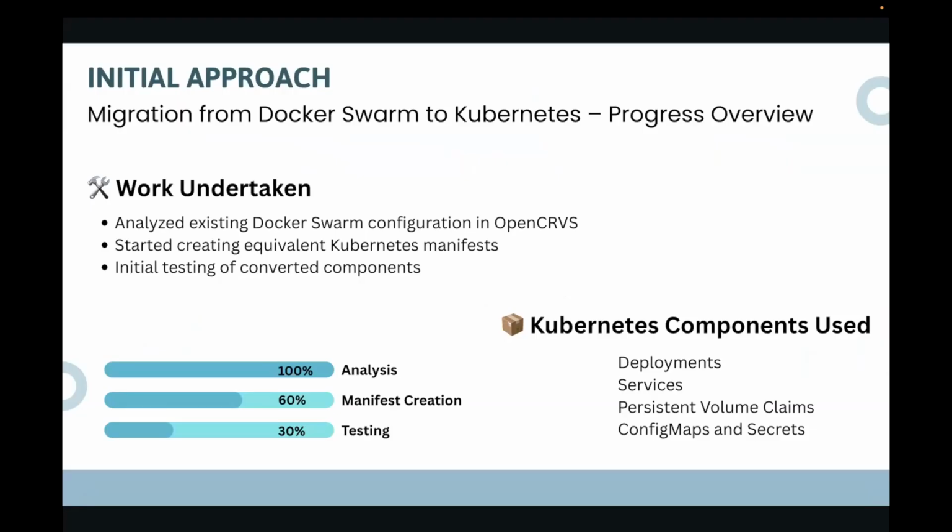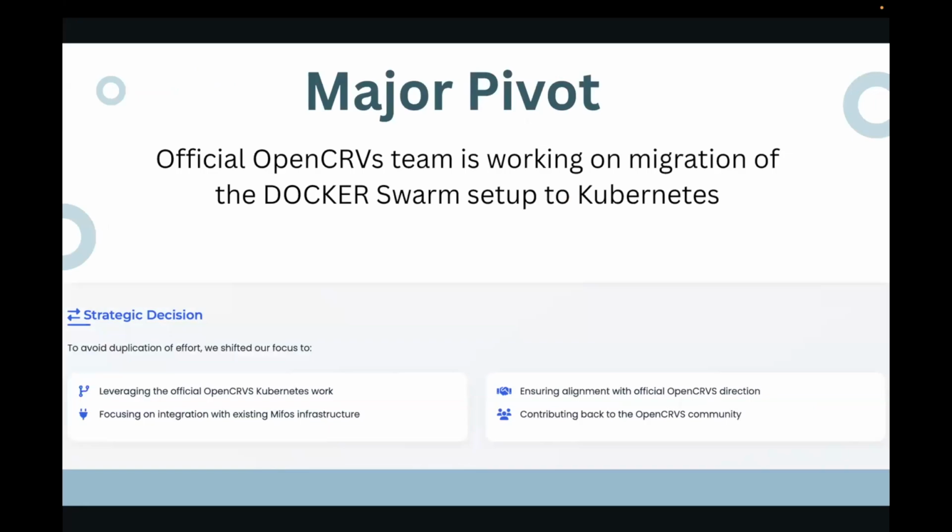So initially, in the first month, we started leveraging their existing repo, their Docker Compose files and Docker images, and I tried to come up with some manifest files for Kubernetes components: deployments, services, attaching persistent volumes, config maps, and secrets. But then there was a major pivot point, wherein we connected with one of the technical experts of OpenCRVS.